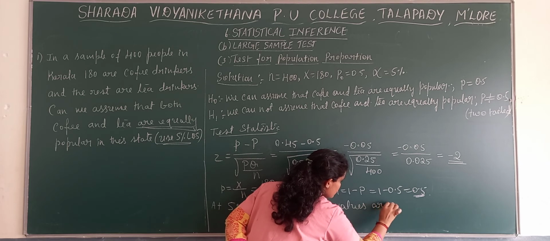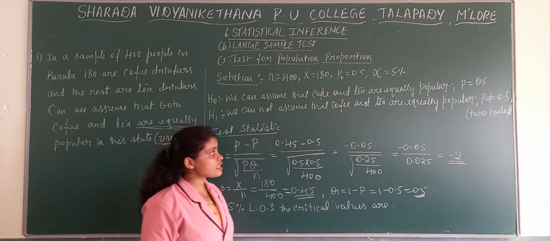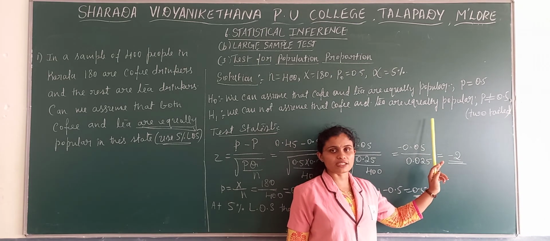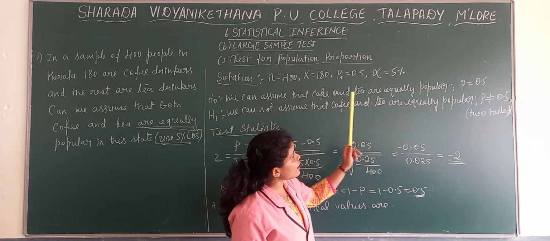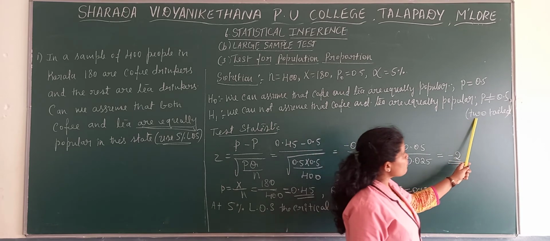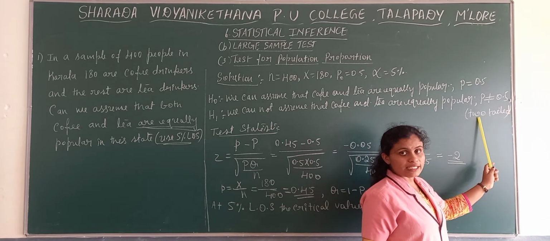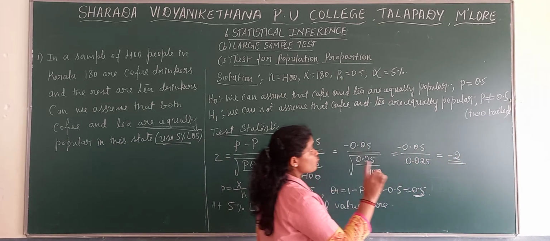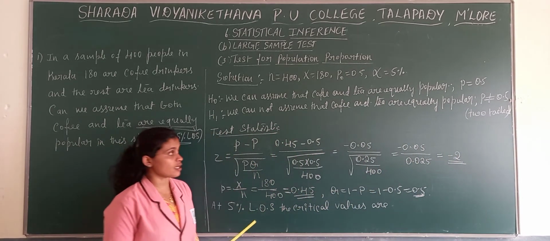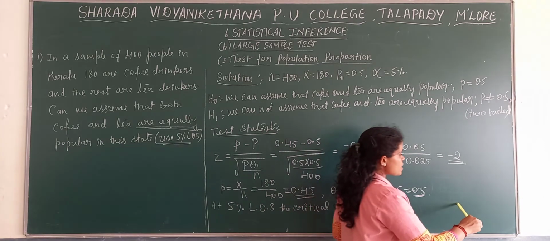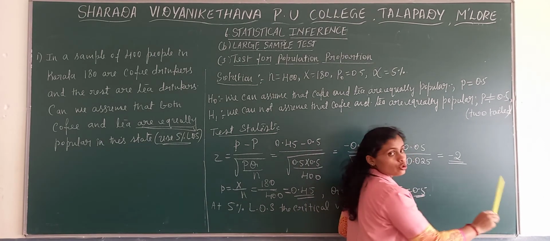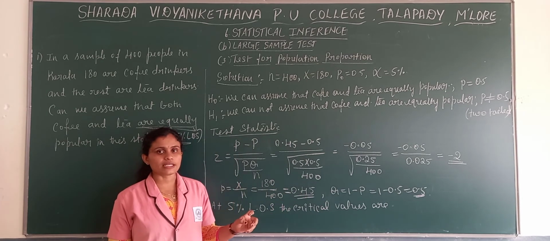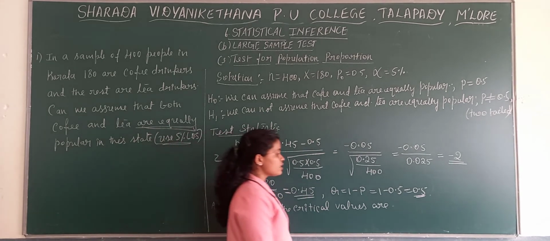values are, now when you check the statistical table, the z-test, that is normal test, statistical table, we need to see which column we need to see. Mainly the two-tailed test column we need to see, and row wise it is 5% level of significance. When you see 5% level of significance, two-tailed test, then you get the table value.